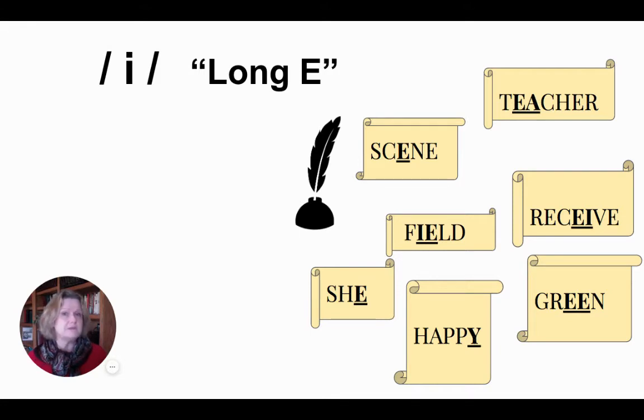Sometimes it can be flipped to E-I, that is after a C, so receive is one of those, or perceive. And we have sometimes just an E, she, or happy, that ending with a Y is an E sound, as well as the word green, E.